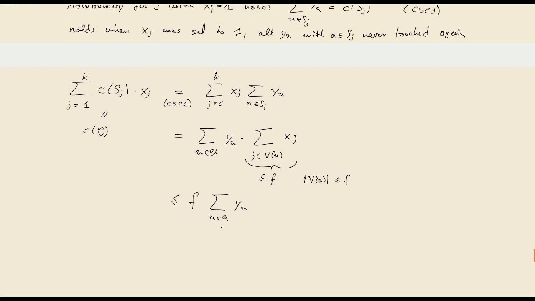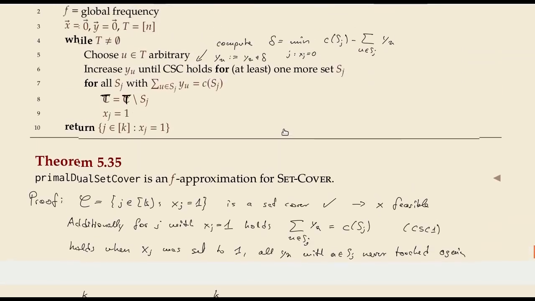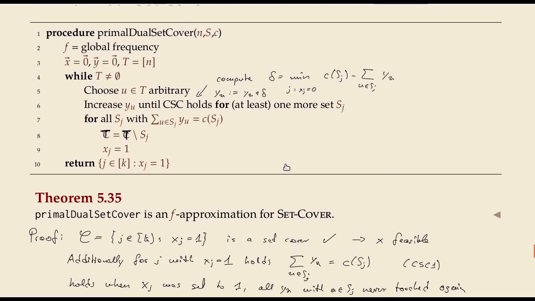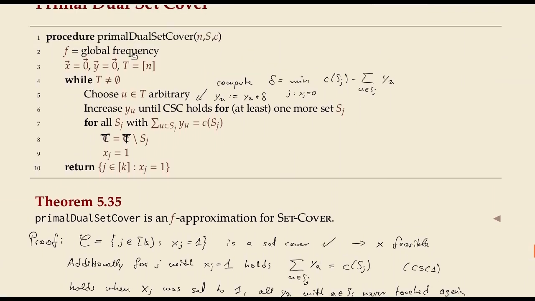And now we recognize that this is the dual objective. And recall that we always maintain y as a feasible solution. We make sure that we never increase y larger than this.